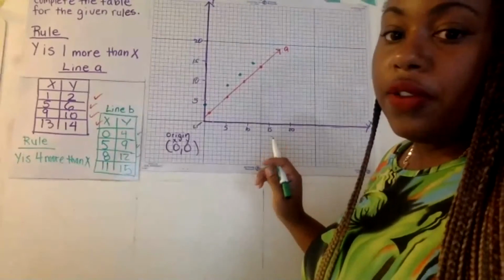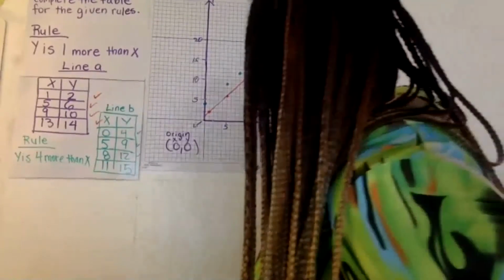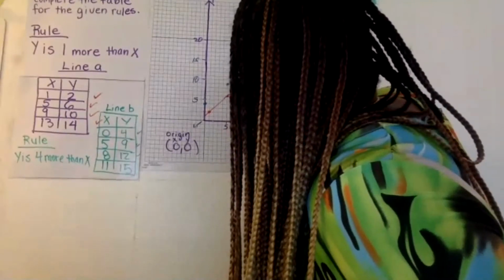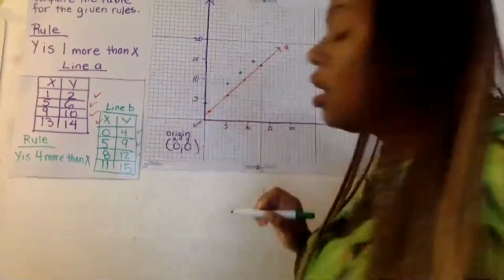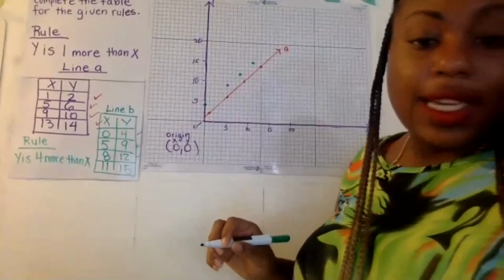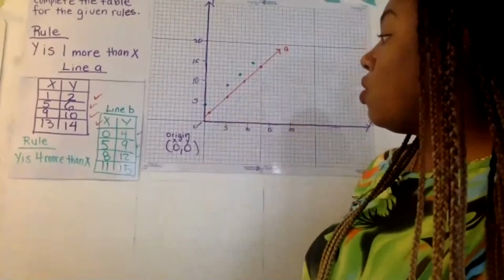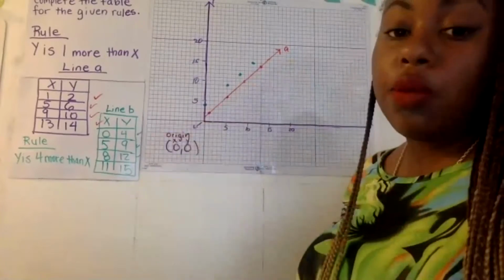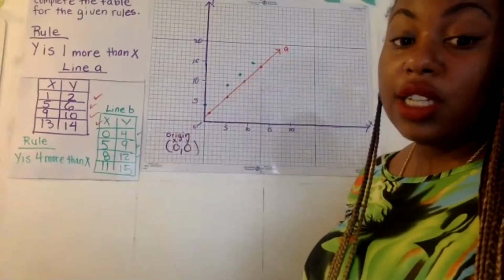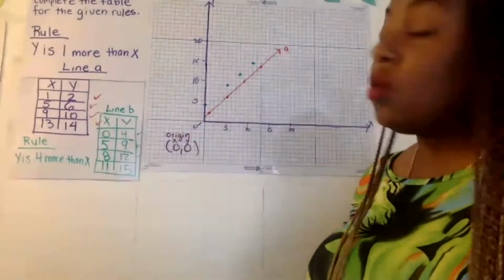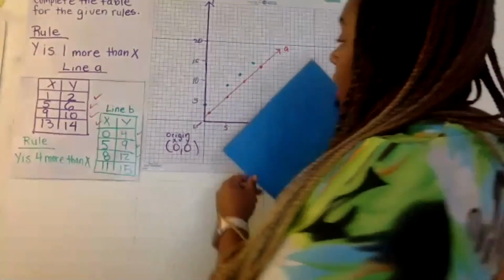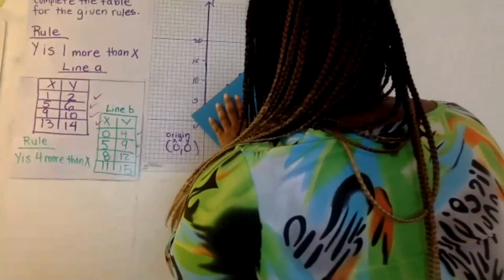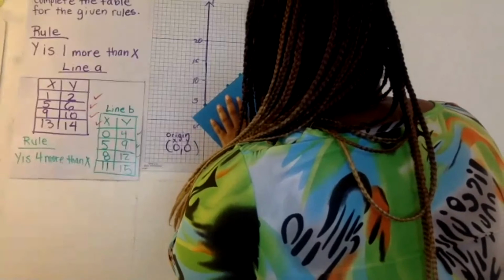Yep. Now that I know my four coordinate pairs are correct, I'm going to construct a line on the coordinate plane that goes through these points.